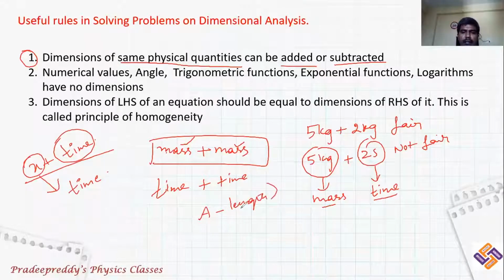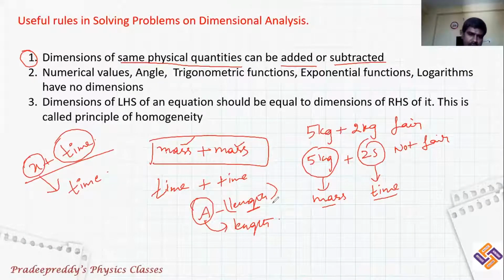This is length. So from A you are subtracting length. What does A mean? A is nothing but length itself. From length you can subtract length. From time you can subtract time. To time you can add time. Therefore, you can find out dimensions of unknown quantities using this rule. Okay, rule 1. It states that dimensions of same quantities can be added or subtracted.